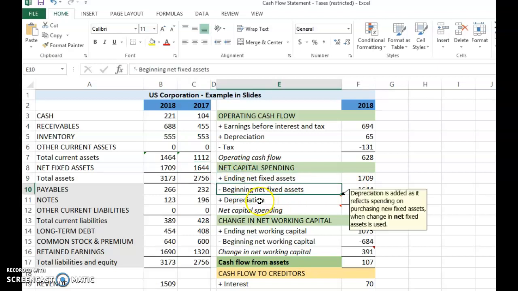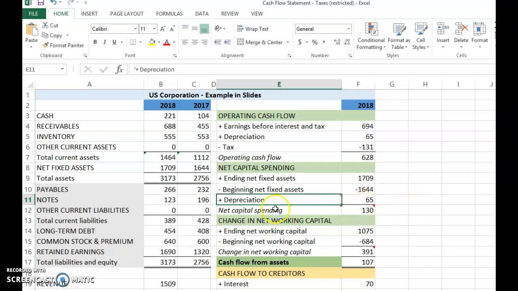Then you add depreciation, that is NCS. Remember the formula for NCS: you add depreciation. You add depreciation here and you also add depreciation here. So you take this minus this, then plus depreciation.